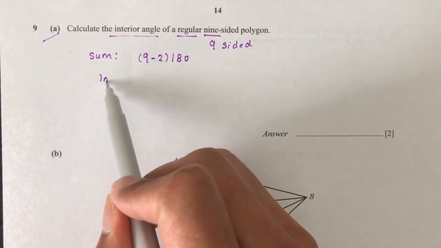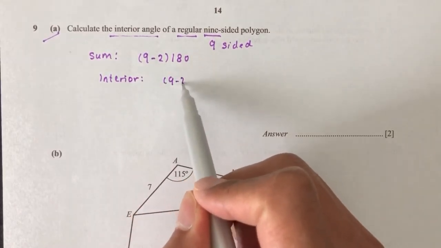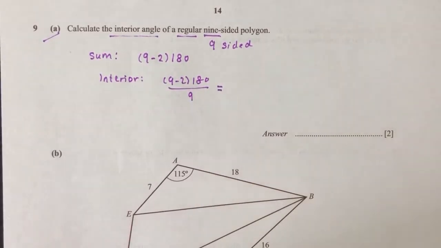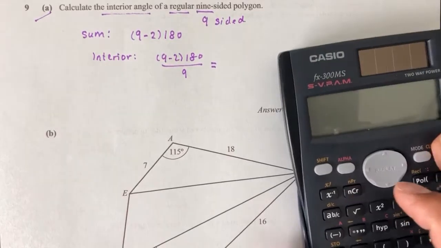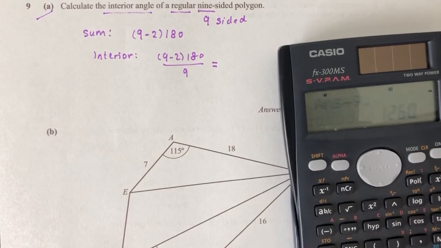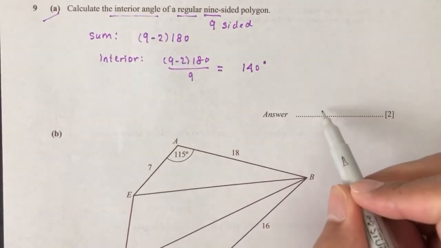Now for the interior angle, we have to do 9 minus 2 times 180 divided by 9, because 9 sides have 9 angles, and since it is a regular polygon, they have equal angles. So 7 times 180 divided by 9 will be 140. So 140 will be your answer here.